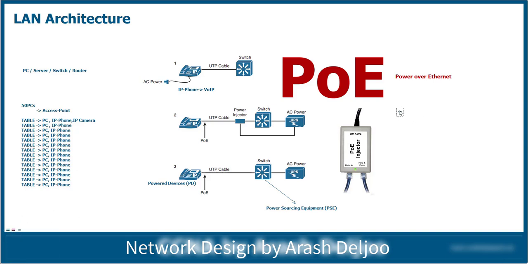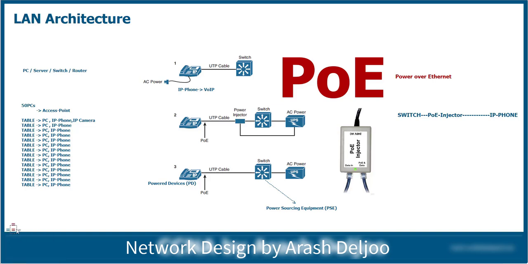You know that normally the switch should connect to the IP phone. And here we don't have any power. If you want, you can install one power injector between the switch and the IP phone. Okay, let me draw a PoE injector or power over Ethernet injector. After that, this power injector now has power.